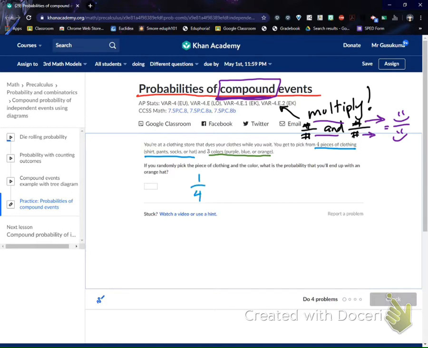And I know that the chance of getting one of those 3 colors is going to be 1 color chosen out of 3. So that means that when I multiply these together, 1 times 1 does make 1, 4 times 3 does make 12. So the answer to this problem is the fraction 1/12.